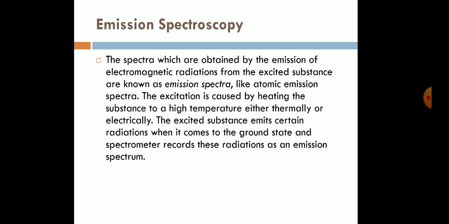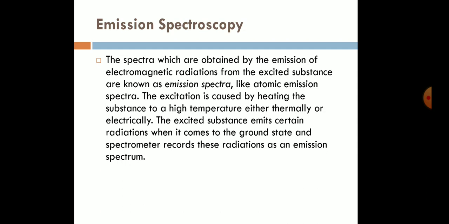Now in emission spectroscopy, what are we recording? We are recording what part of the light the molecule emits when it jumps from the excited state to the ground state. So the spectra which are obtained by the emission of electromagnetic radiation from the excited state of the compound to the ground state are called emission spectra.